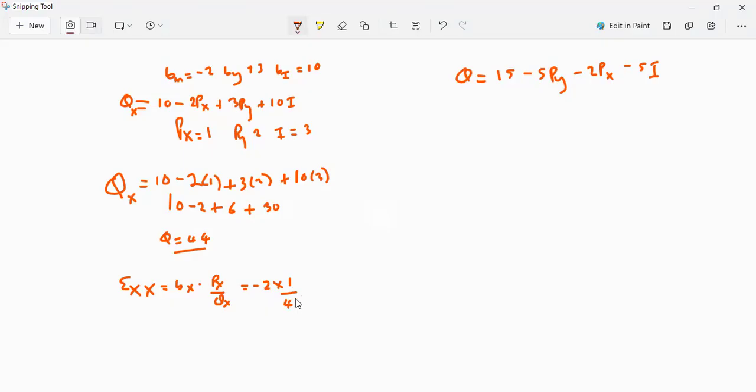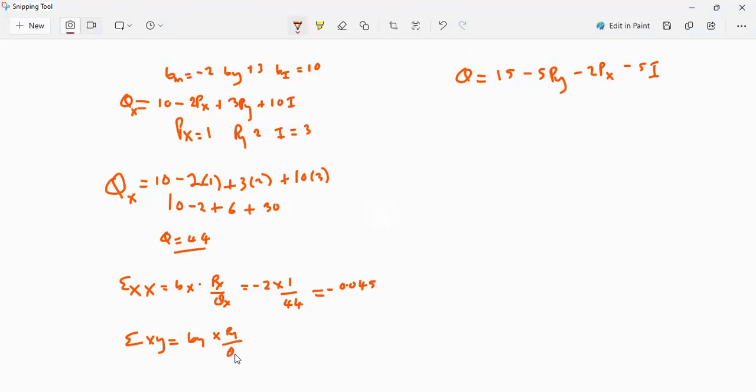So this will be minus 2 over 44. What do we get? Negative 0.045. So what is your comment on this one? What type of elasticity is that? Inelastic. Good.